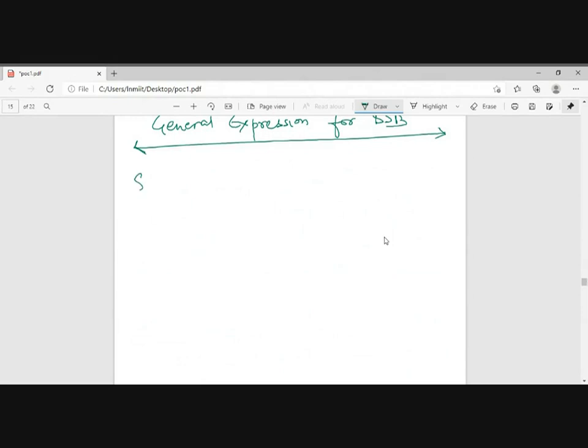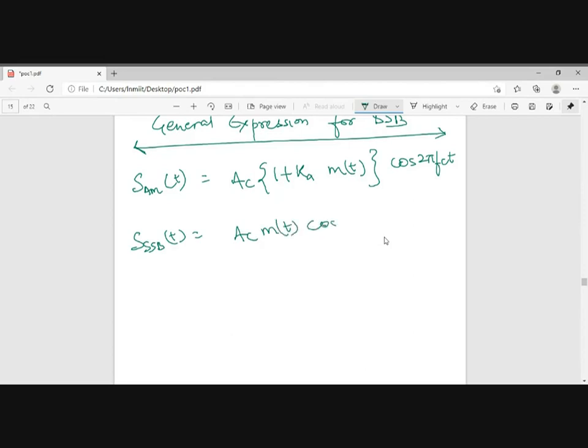So the general expression for AM, जो हम लोग ने स्टार्ट किया था फर्स्टली, वो था ये Ac 1 plus Ka mt cos of 2 pi fct. Okay. So DSB-SC जब हम आ गए, so if you can remember, SSB-SC में हम लोगों ने बात कर ली है कि this is equals to Ac mt cos of fc plus minus fm.